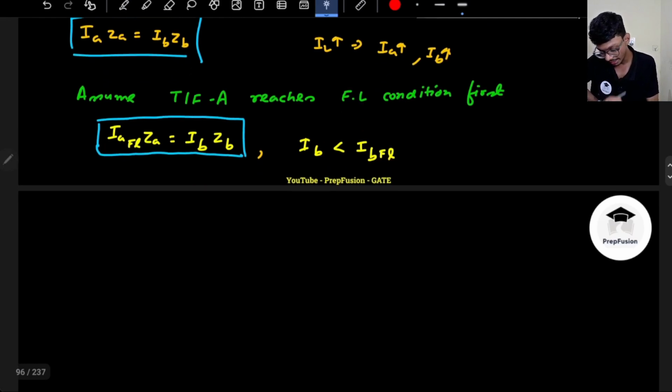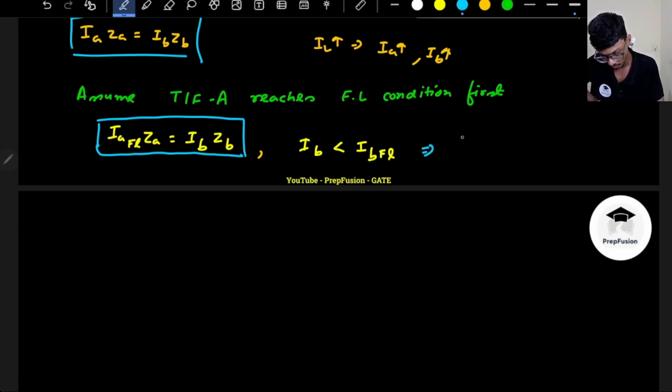So I can do a back calculation using the property of inequalities. If IB is less than IBFL, multiplying by ZB on both sides, IB into ZB will be less than IBFL into ZB.